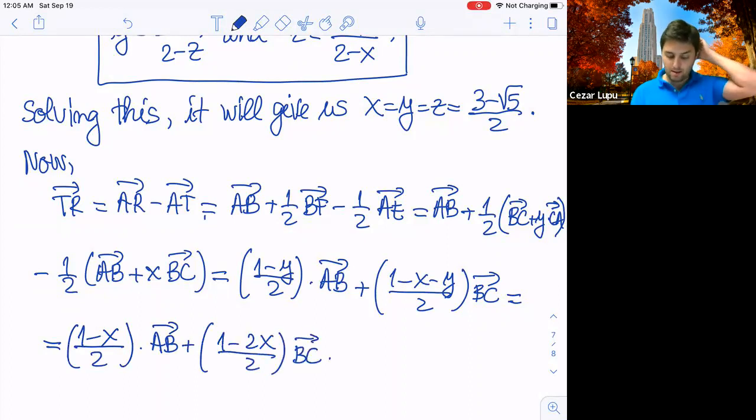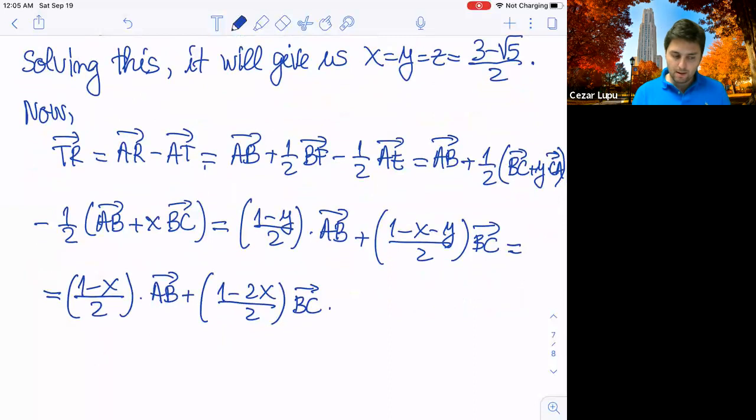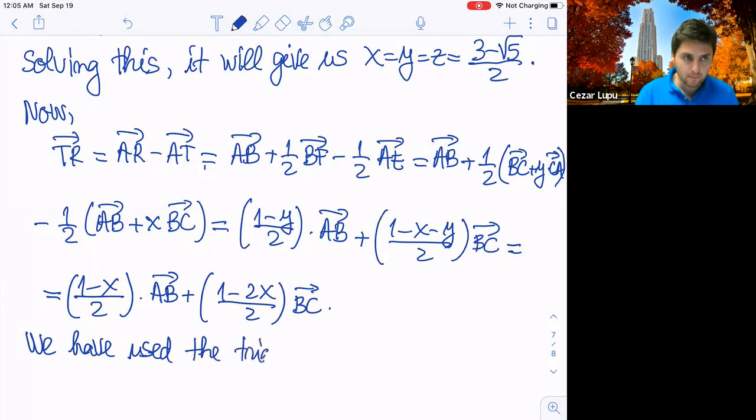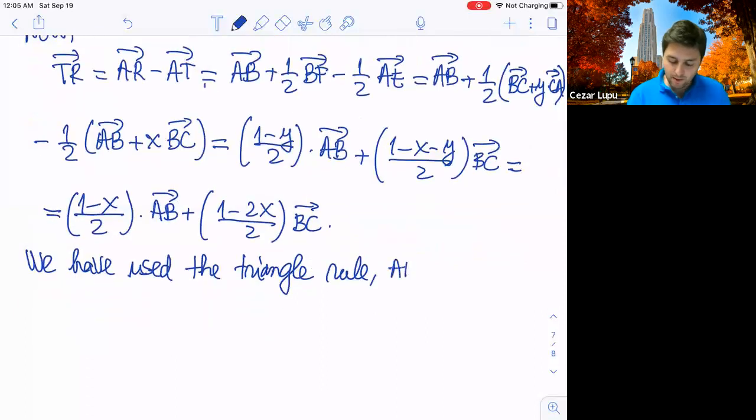Okay, that's nice. Here we have used the triangle rule, which is AB vector plus BC vector equals AC vector, or plus CA vector is 0.